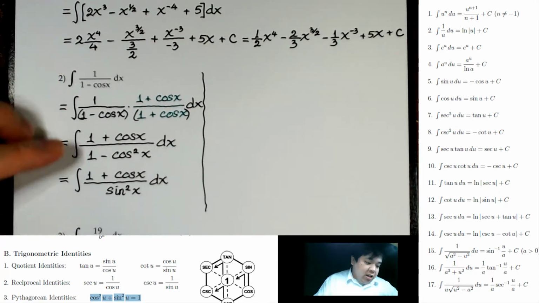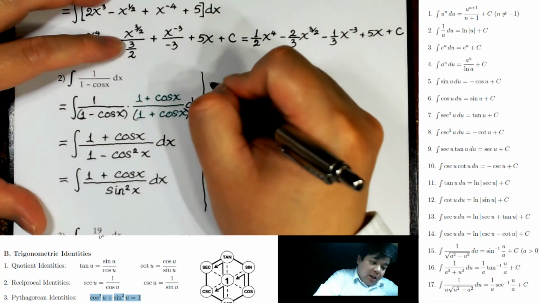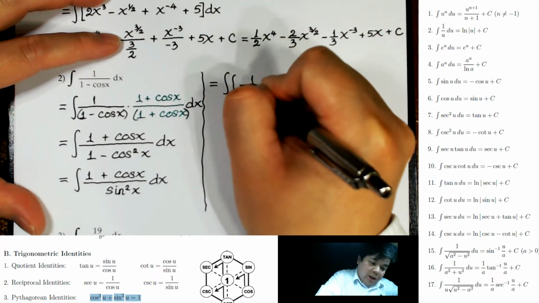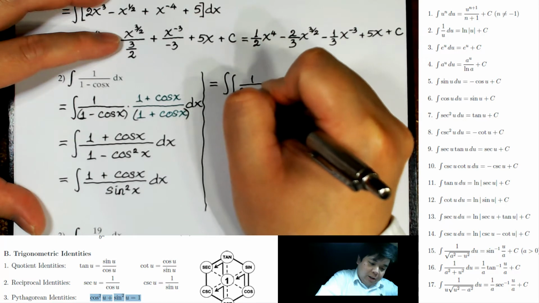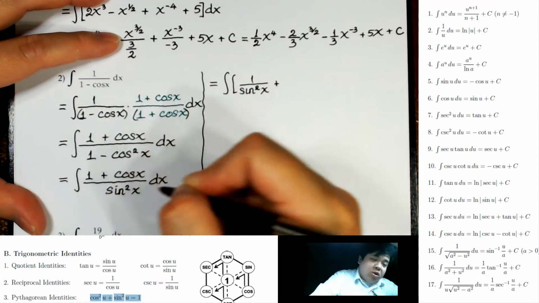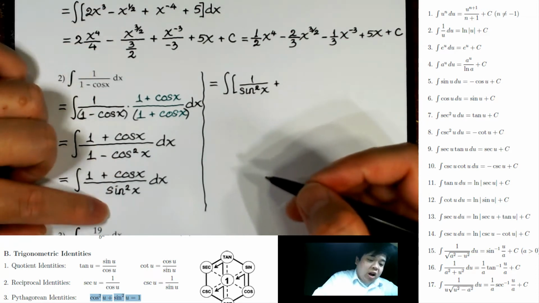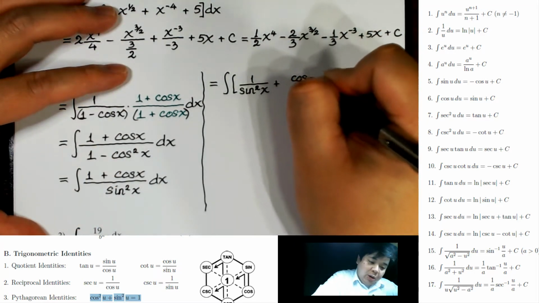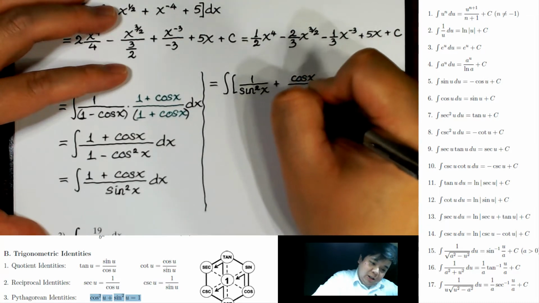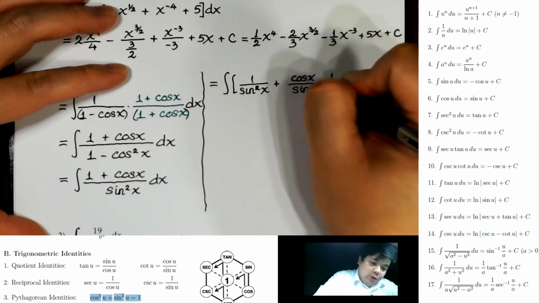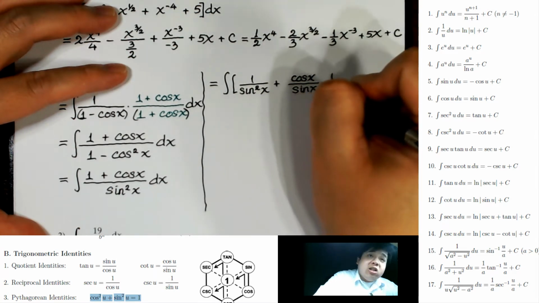What we do after that is we're going to split this. So we have 1 over sine square plus cosine over sine square. Cosine over sine square, I will write like this: cosine over sine, and then 1 over sine. That will give us sine square.